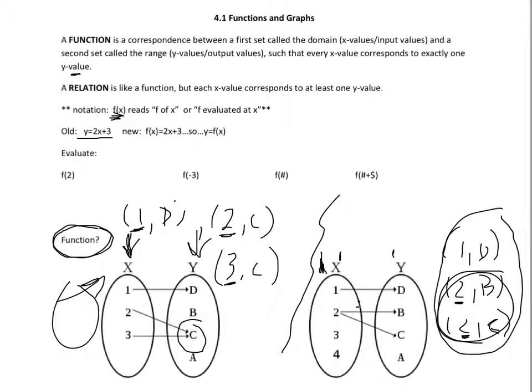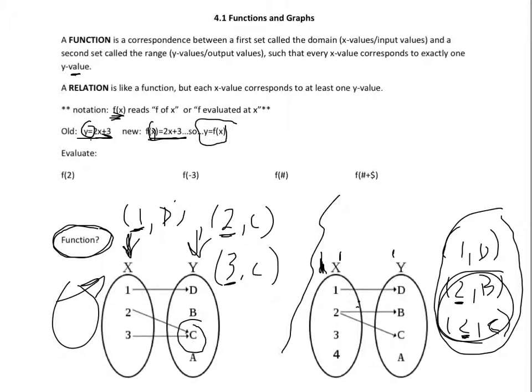Now what we're going to have is f of x equals 2x plus 3. And it's easy for evaluative purposes to write in this new notation. But notice, if y equals 2x plus 3 and f of x equals 2x plus 3, well, 2x plus 3 equals 2x plus 3, so f of x actually equals y. It's our new y. It's a new way of writing y.